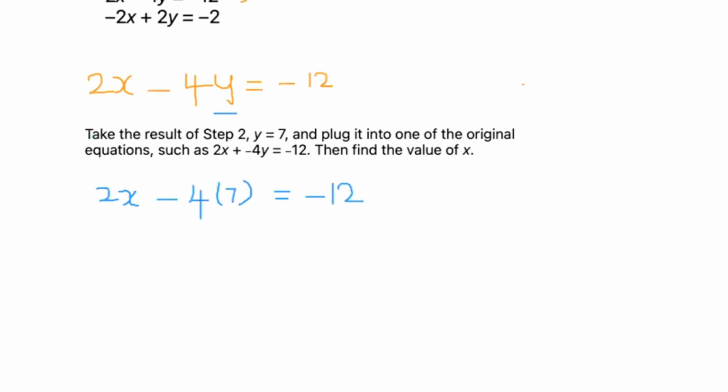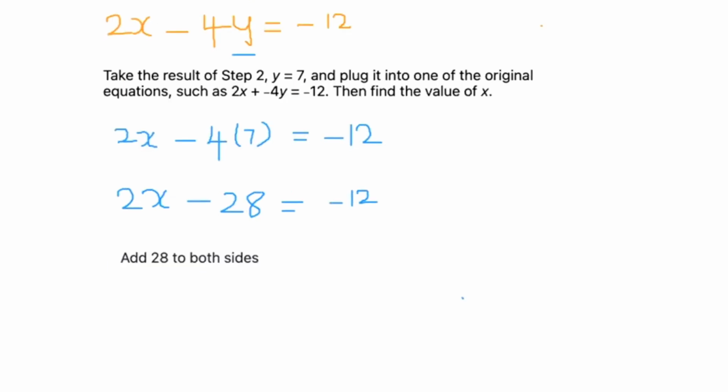Now we have to multiply it. So 2x, what is 4 times 7? 4 times 7 is 28. Which is minus 28 and minus 12. Add 28 on both sides and let's solve it.